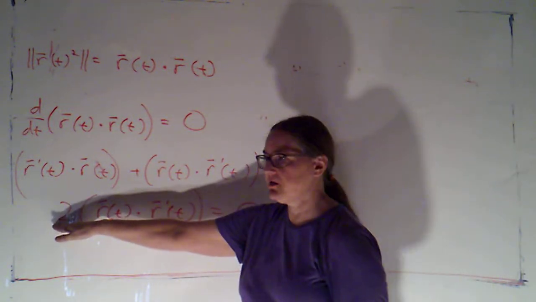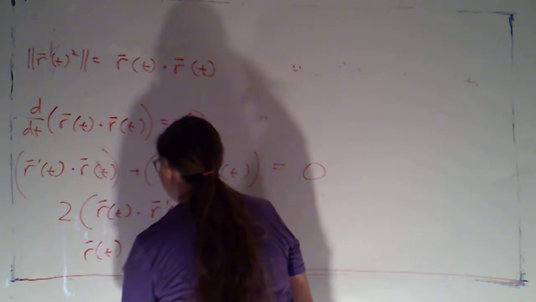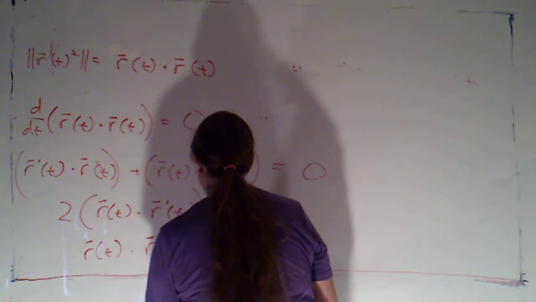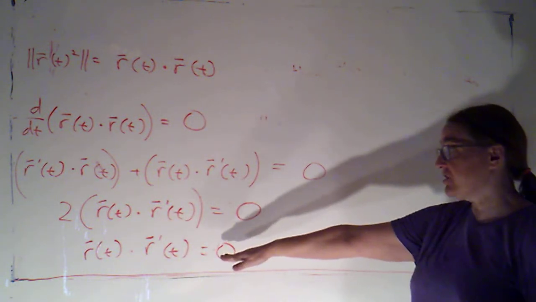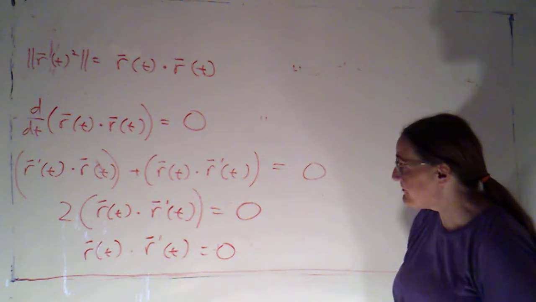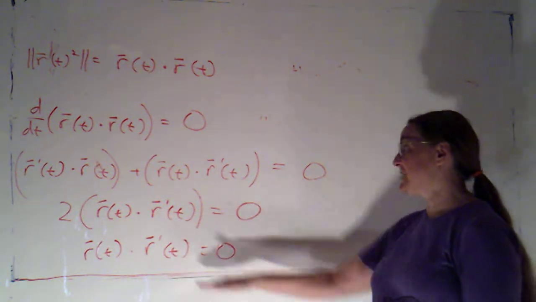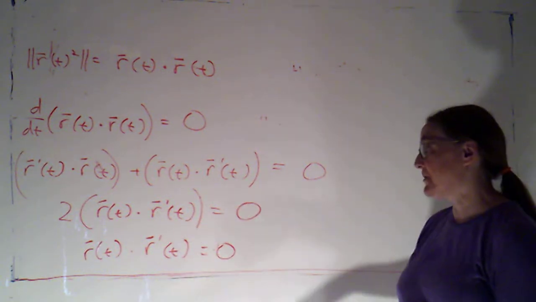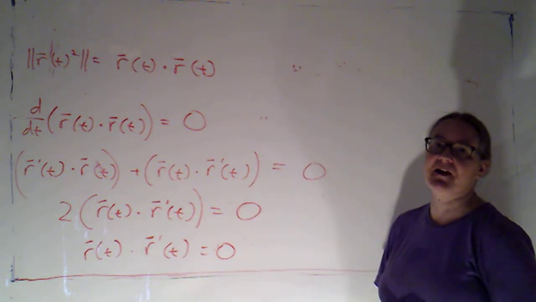I'm multiplying it by 2. Let's divide both sides by 2. Well, r of t dotted with r prime of t would have to equal 0. And that's the definition of orthogonality. Okay. So that covers both the case where this is the 0 vector and the case where that's not the 0 vector, so that the derivative is actually perpendicular to the position vector at that time.